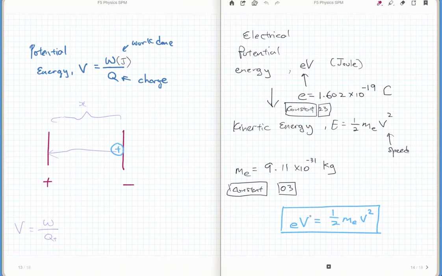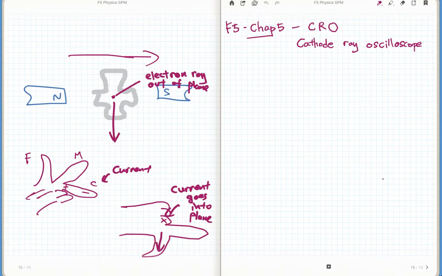All of this electrical energy is fully transferred into kinetic energy, obeying the conservation law of energy. And you have seen also that the unit electron volt is actually equal to joule. Just as it tells you, this is electrical energy.